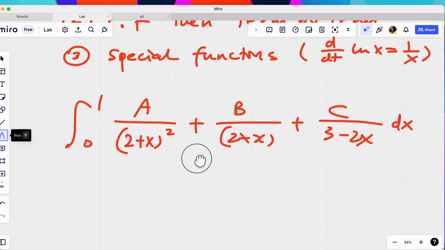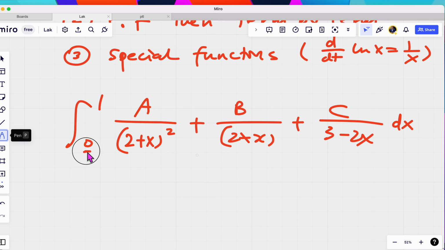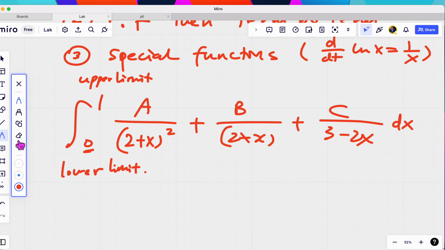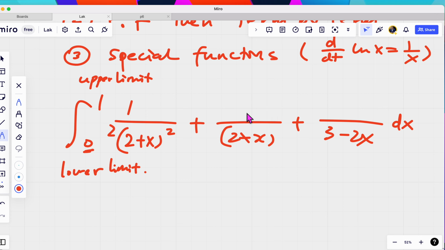It's simple because this is the lower bound, means the lower limit, this is the upper limit. Okay, mathematically, let me give A, B, C some numbers, otherwise we cannot solve. So let's assume it's half, negative 1, 3.